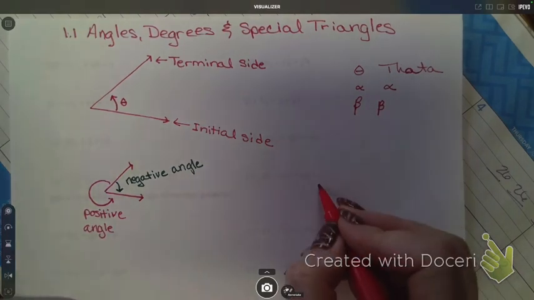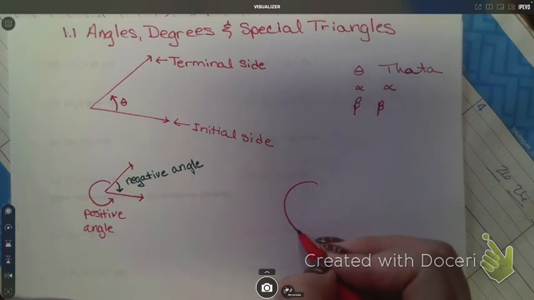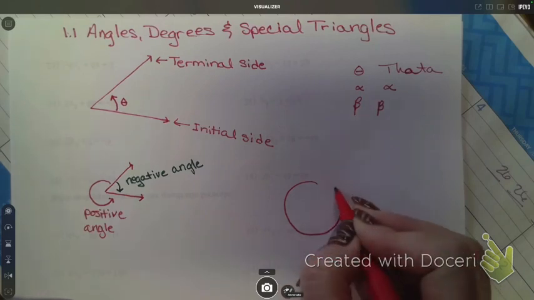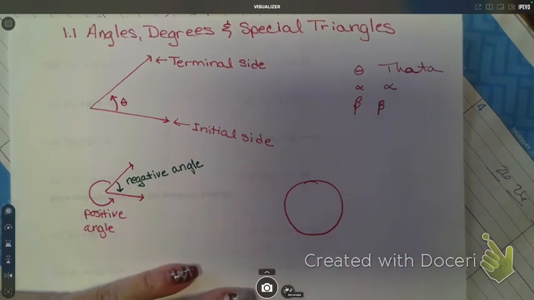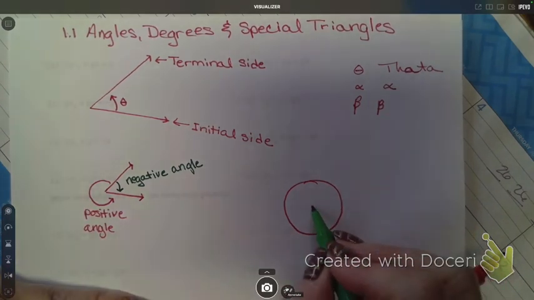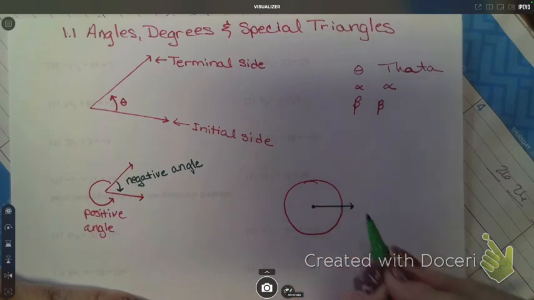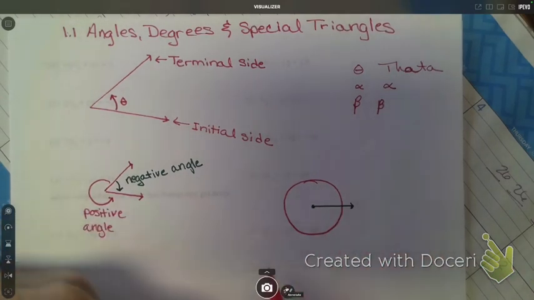So we're going to do triangles and circles, and hopefully you'll be able to draw an amazing circle like that. So we have a center of the circle. We have the initial ray.